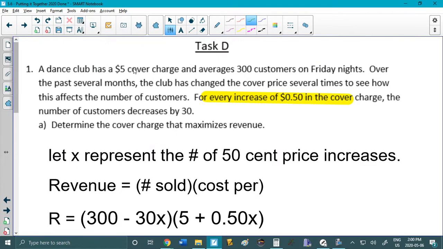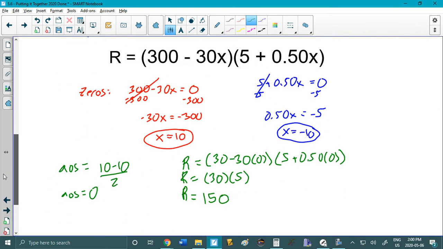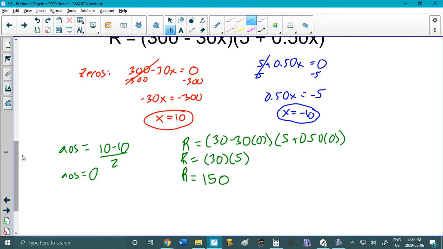Okay, so this says $5 cover charge, 300 customers on Friday night. Oh, I'm sure you picked up on what I did. I looked at the answer and I'm like, $150, that's crazy.